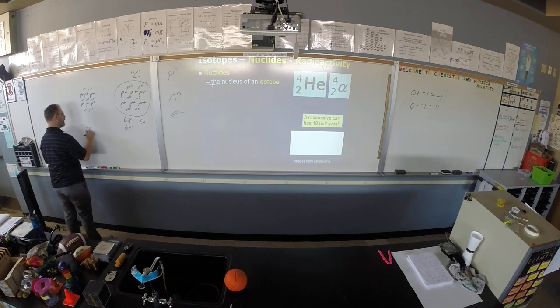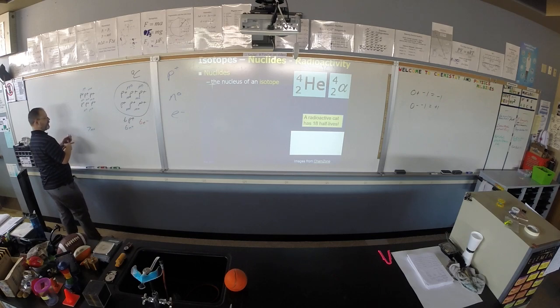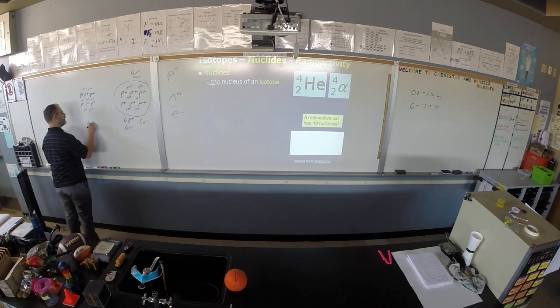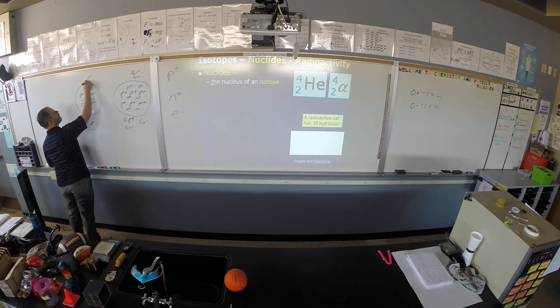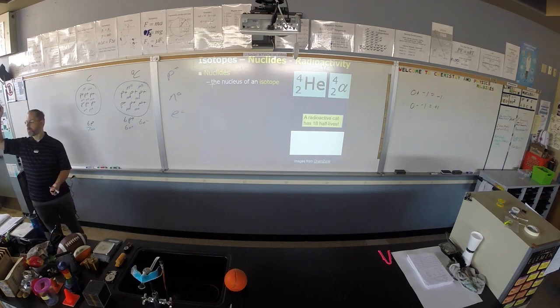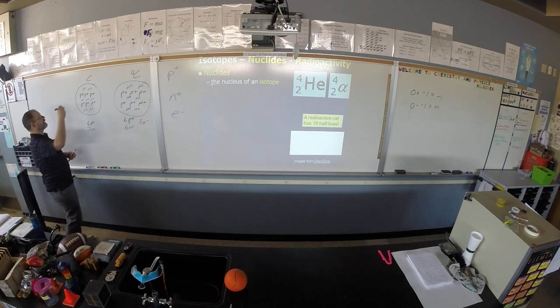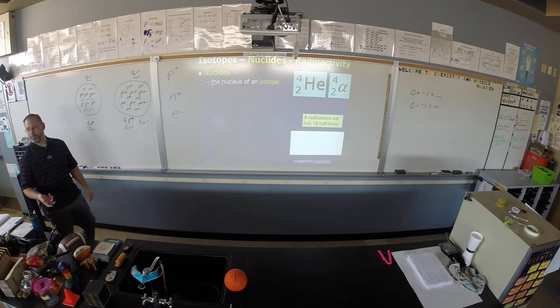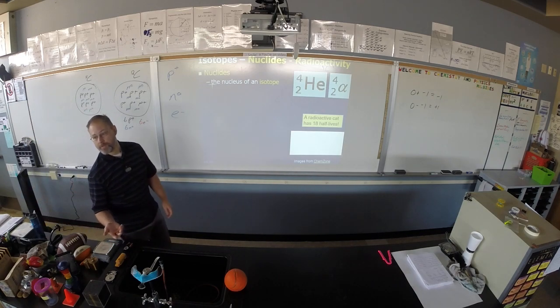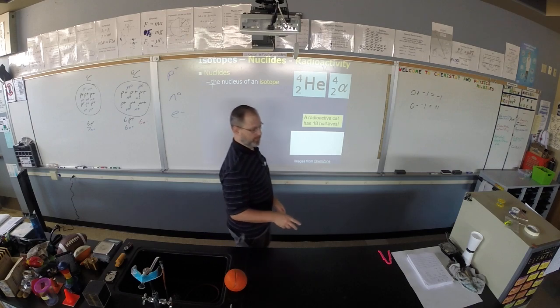If you had 7 neutrons and those same 6 protons, then you would have what's called an isotope. It's still carbon, but what's the mass of the carbon now? 13. Does that idea make sense? Yeah, because the mass is now 13. Isotopes are the same atom, same number of protons, but different numbers of neutrons.